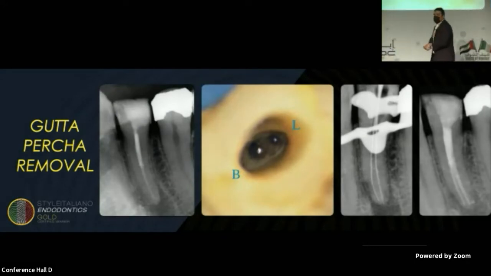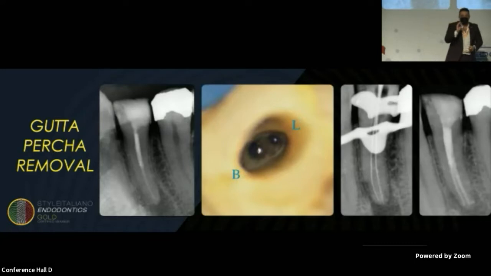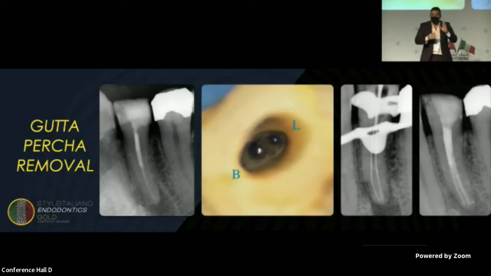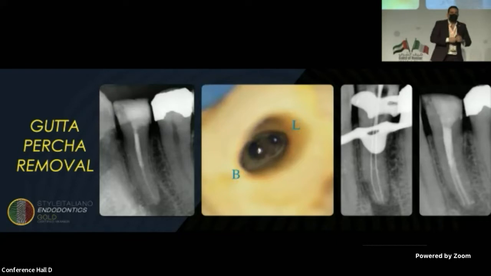That piece of gutta-percha was already blocking the canal entrance. So if I continued my treatment, treating only one canal, I would still deal with failure. So it's very important to remove all gutta-percha from the canal. It will not only act as a barrier between contact of hypochlorite and contaminated dentine, but it might also be blocking the canal entrance. So you might end up with a failure.